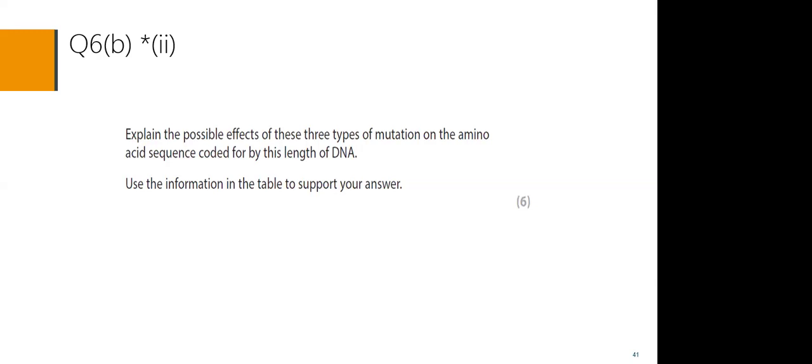So you've got a length of DNA and you've got the amino acids it codes for, and you're being asked to use your knowledge of the 3 types of mutations to explain what effect it might have on the length of DNA.